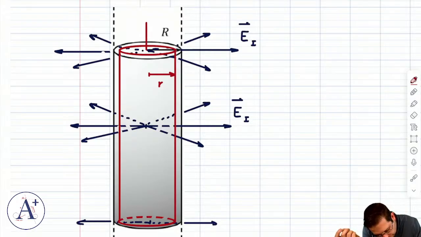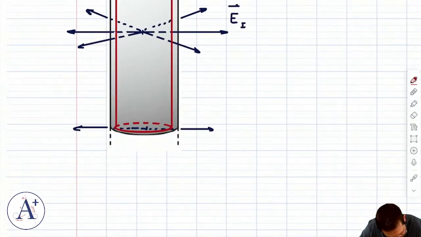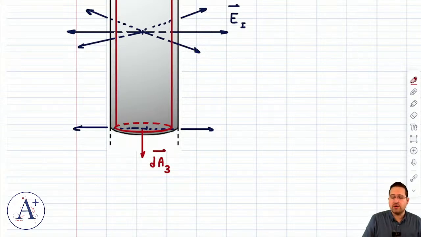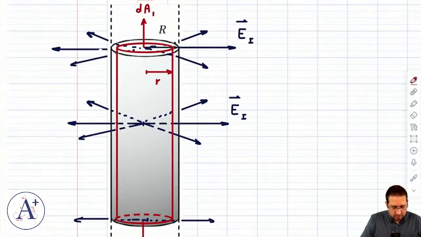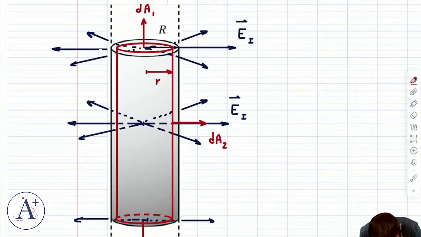Now for the top, well, let's introduce dA1. dA1 is going to be vertical because it has to be outward, and perpendicular to the top, so that's the only option. Same logic is going to get us dA3 down here, pointing down. And then for the cylindrical wall, well, dA2 is going to have to point out and be perpendicular to the cylinder wall.